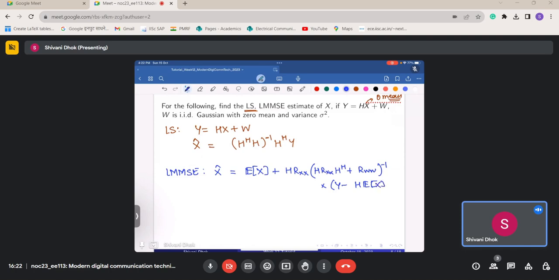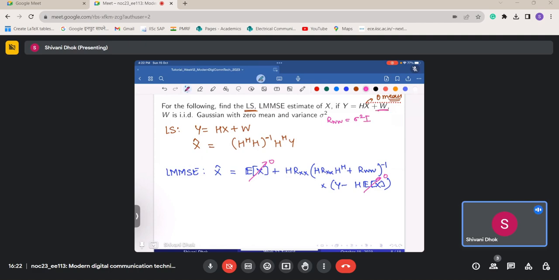Now what information do we have? x is zero mean, so this goes to 0 and this also goes to 0. Another thing that we know is that W is zero mean with variance sigma square, so this RWW will be sigma square I because it's IID.